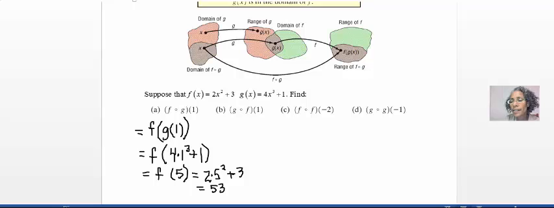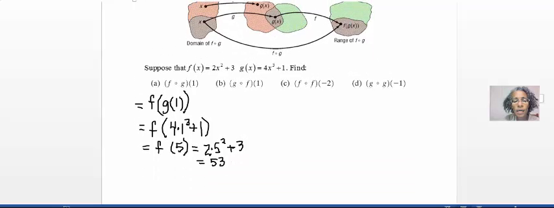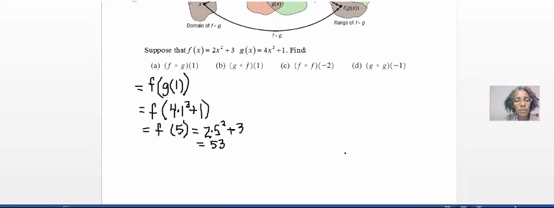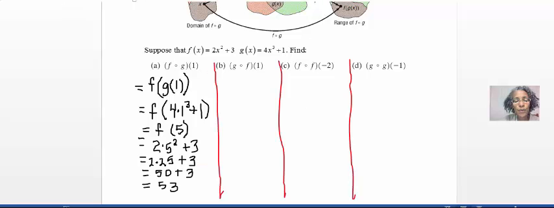All right, let's find g of f of 1. Okay, I added a few more steps for part A there. Let's find g of f of 1. So notice, we're going to notice something here as we find this. So this is g of f of 1.